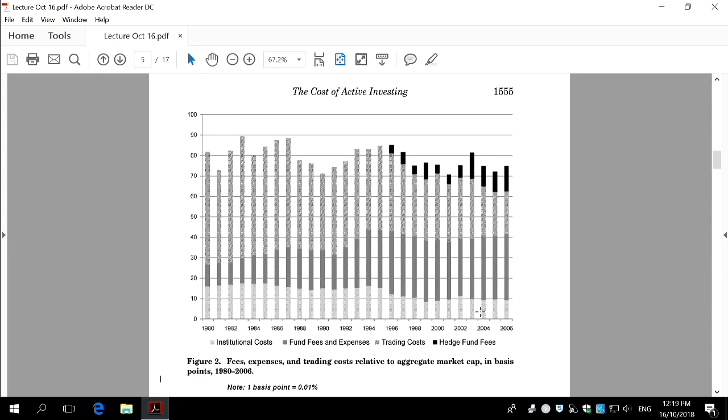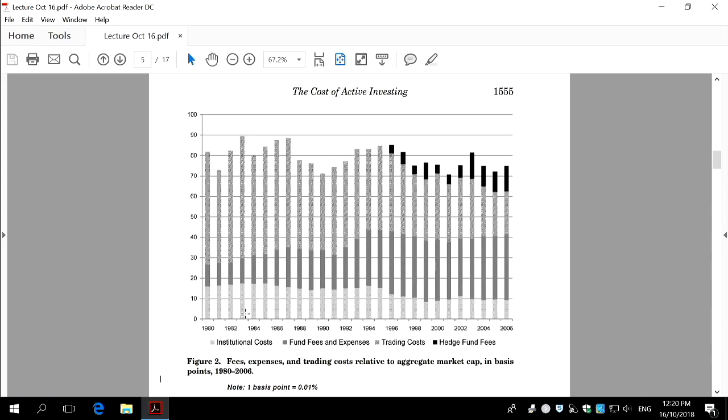Basically, in this paper, institutional cost typically means if you invest through a pension fund or public fund, or non-profit institutions like universities, endowment funds, and so on and so forth.